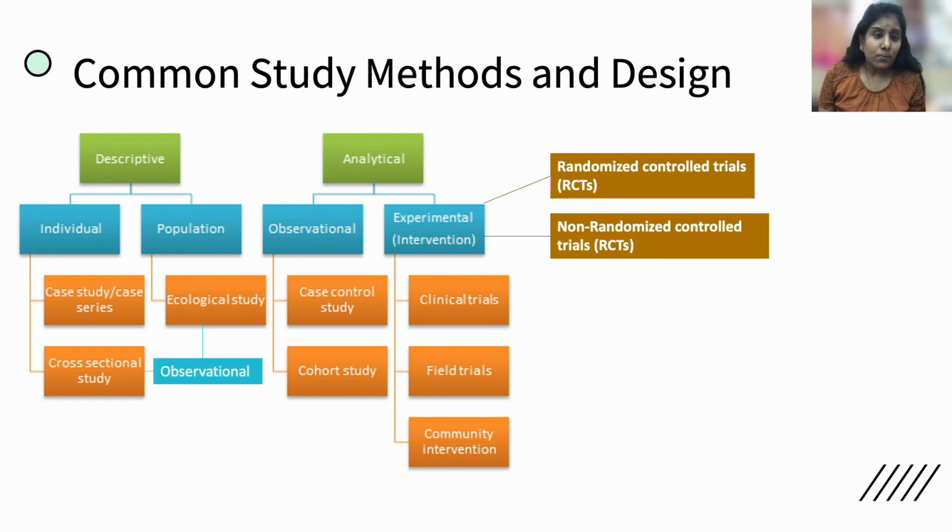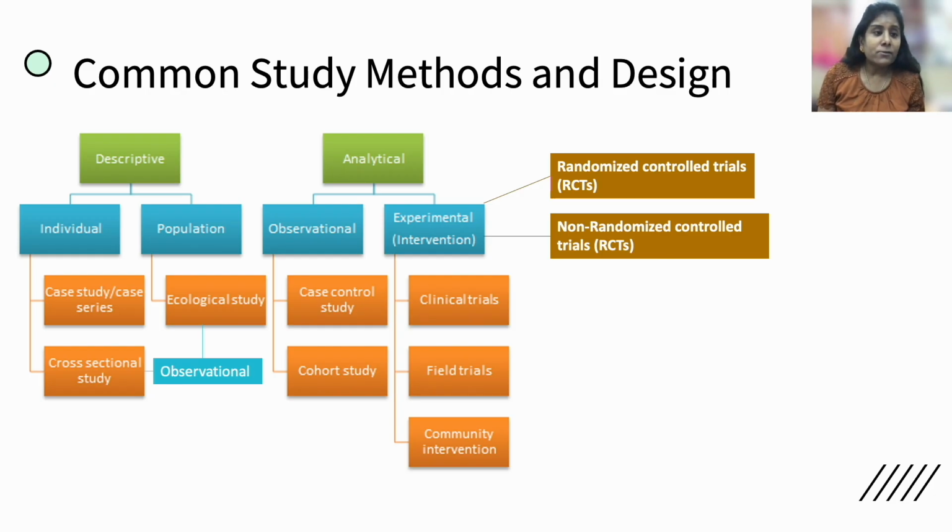Now, the key thing for you to notice from the slide is that under the experimental interventions, you can have a study designed as a randomized controlled trial or in a non-randomized format. This can be across clinical trials, field trials, as well as community-based trials.